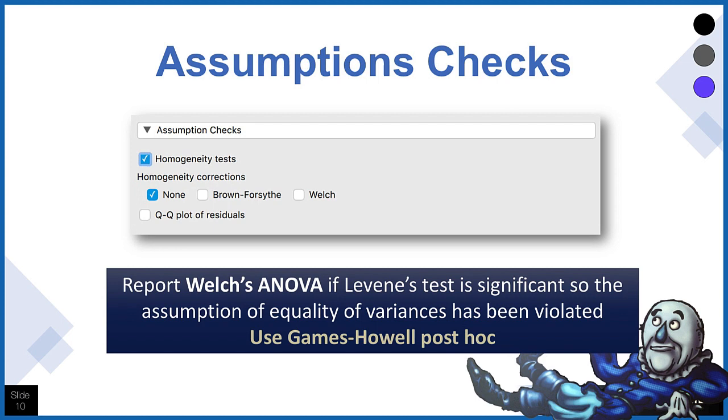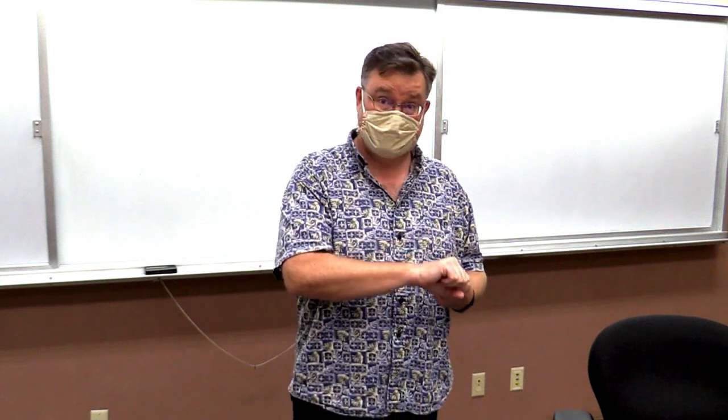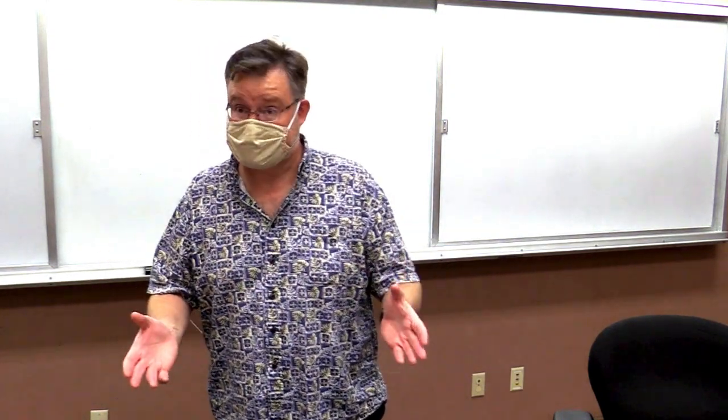If that assumptions check comes back significant, so if the Levene's test is significant, less than 0.05 or less than 0.01, that means that there is a difference between the variances of the groups. But homogeneity means those variances should be the same. So when the Levene's test is significant, it means the variances are different. That is violating the assumptions of the test.